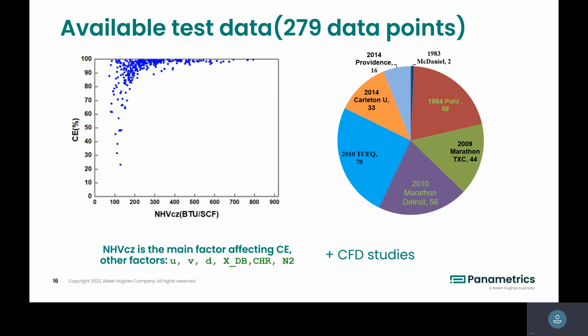Major parameters or factors are heating environment and combustion zone. We all know that, and that's also what the EPA MACT regulation came up with.